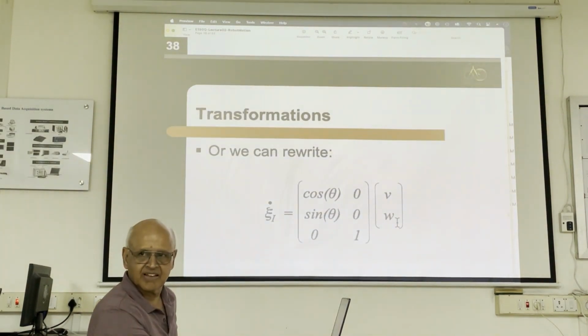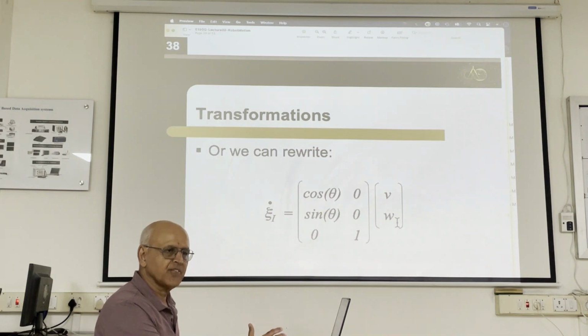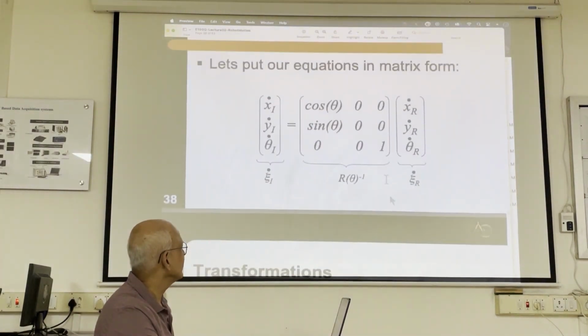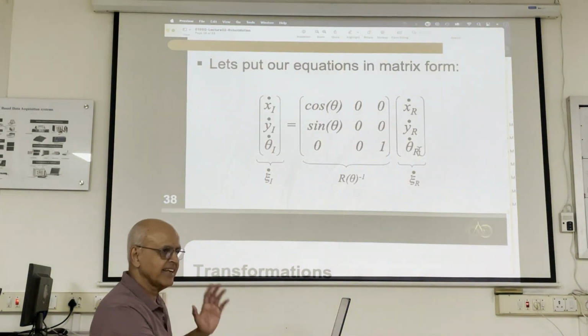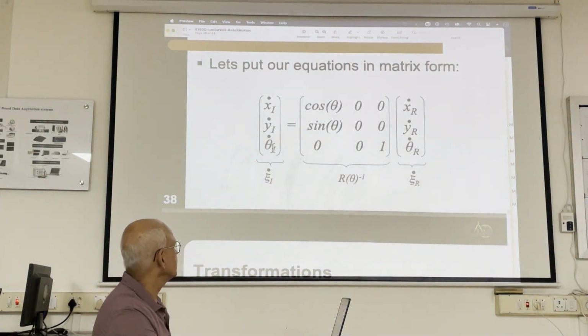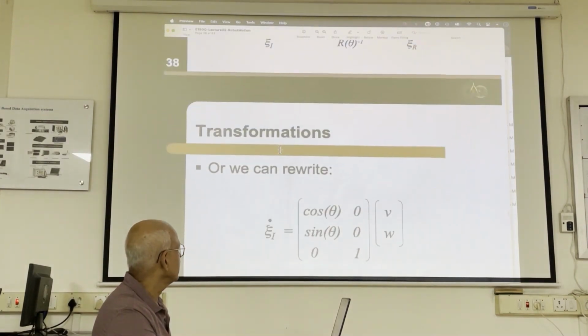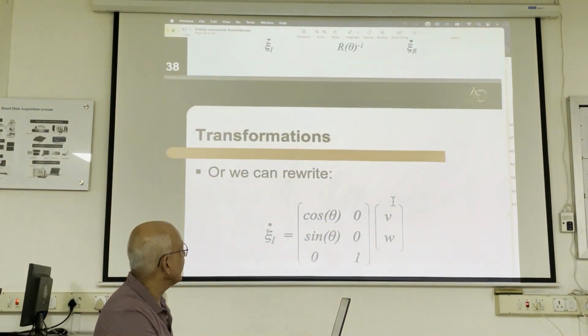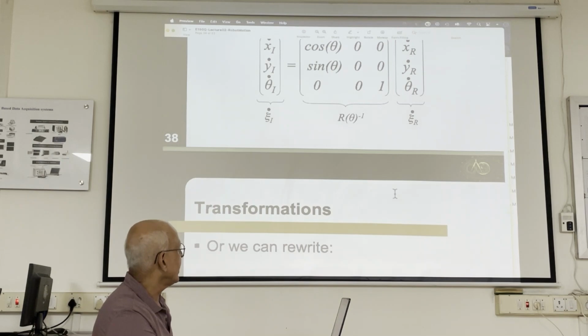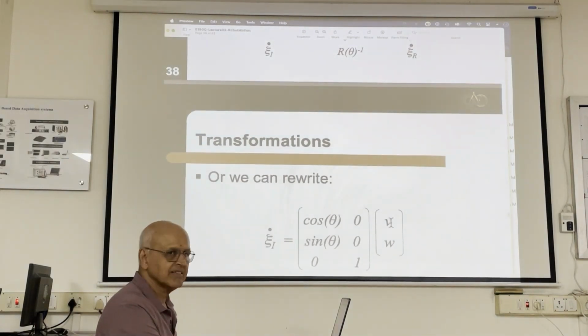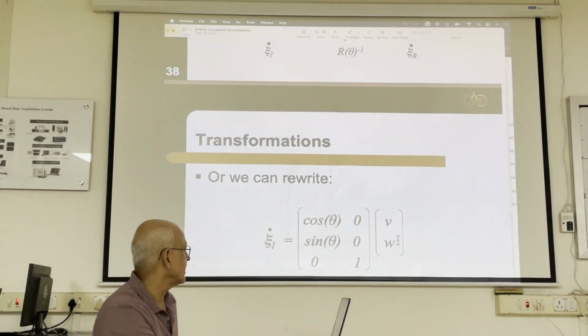That's it. Because for a differentially steered vehicle, YR dot is 0, so it's not conveying anything. So 0 times 0, 0 times 0, it takes that part out. The left just doesn't change, it's still a 3 by 1. And now, instead of carrying those other symbols, I use the commonly known symbols, V and omega.